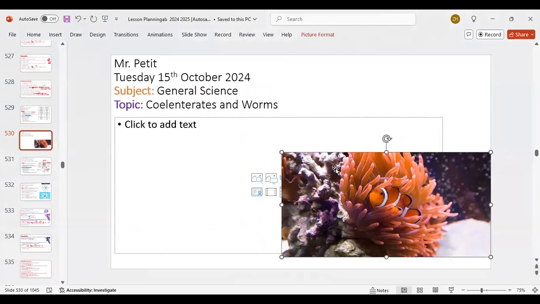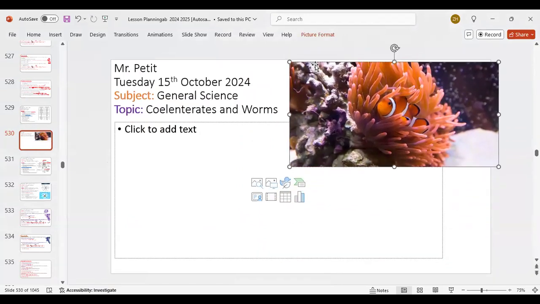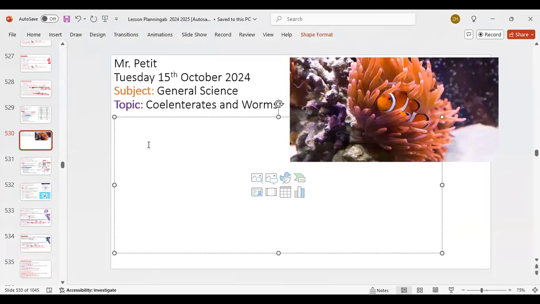So let's talk about the coelenterates and their specific characteristics. Let's write this down. Characteristics: number one, they consist of two layers of cells.